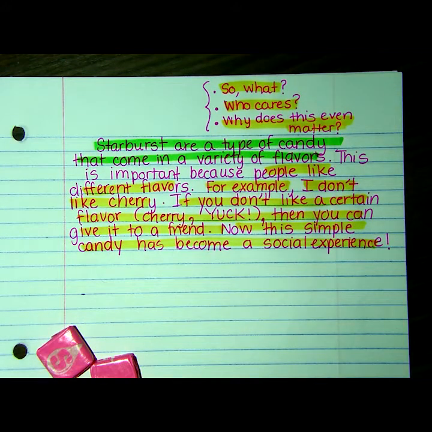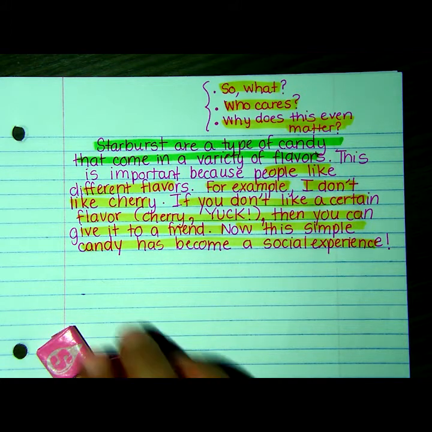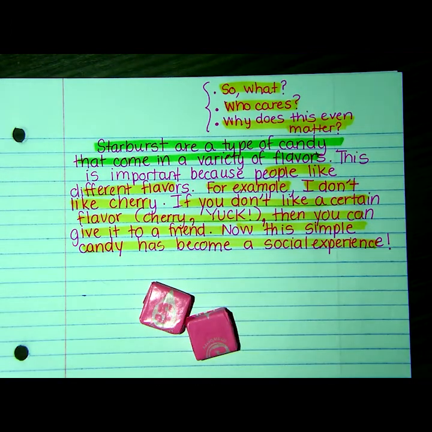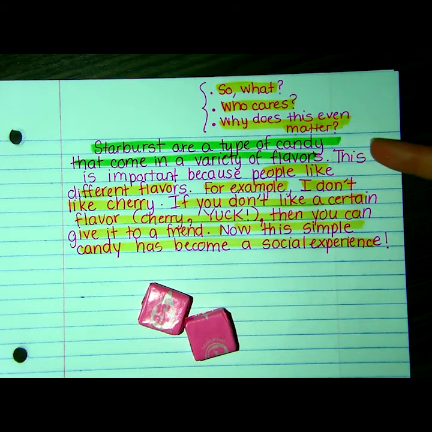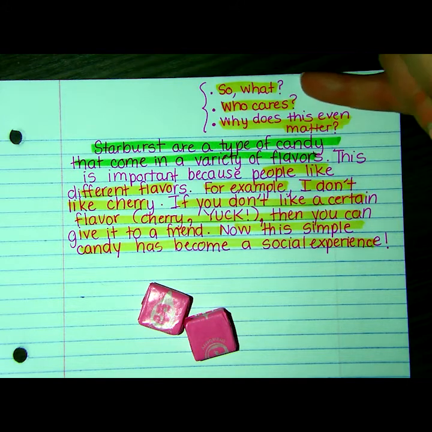Your job today is to use your snack, whether it's a piece of candy, a fruit, a cracker. You are going to teach your reader something about your snack. Hopefully you've already written that down when you were prompted to do so in this video. And then you are going to elaborate thinking about these 3 prompts.